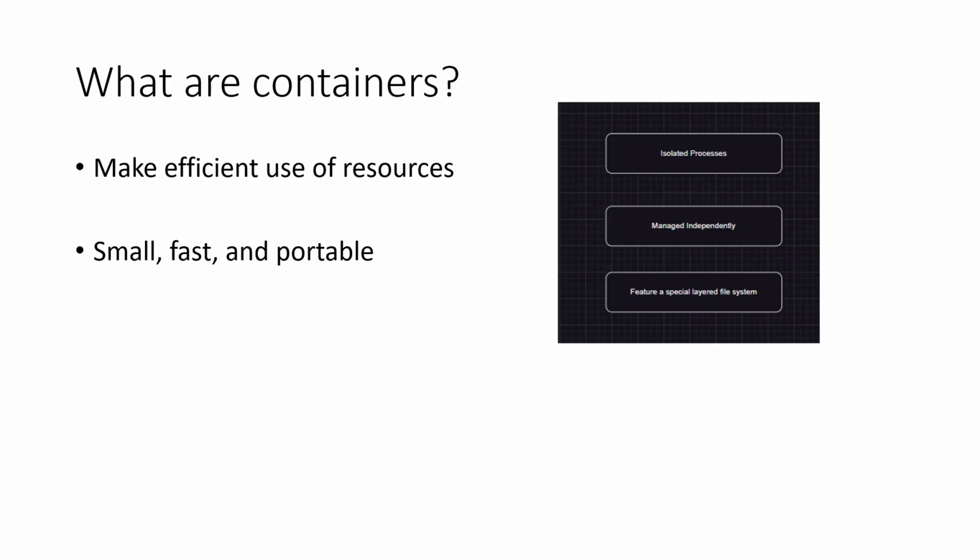So that's the basic thing. What you see on the screen is basically isolated process, managed independently, and featured special layered file system. We will talk about each of these concepts further down the videos, because those are the fundamental blocks for having the containers created.